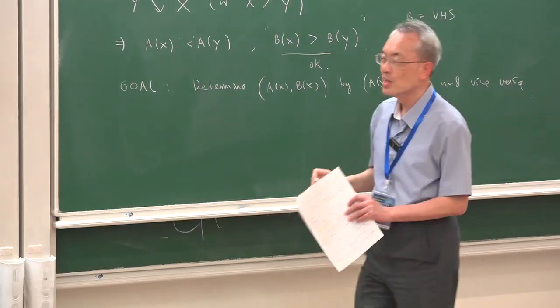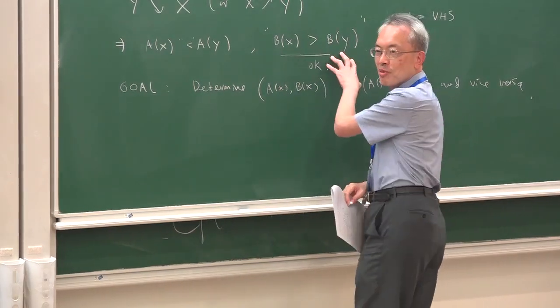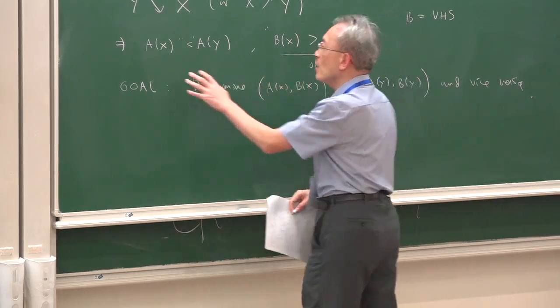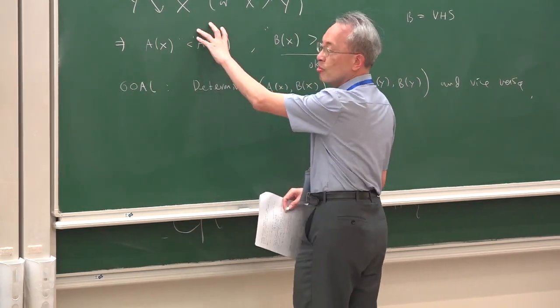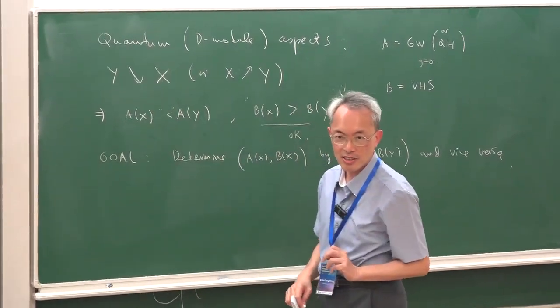Okay, so you see, my B model is larger than your B model. But my A model is smaller than yours because you contain more rational curves. I don't have those curves. Those curves are contracted.